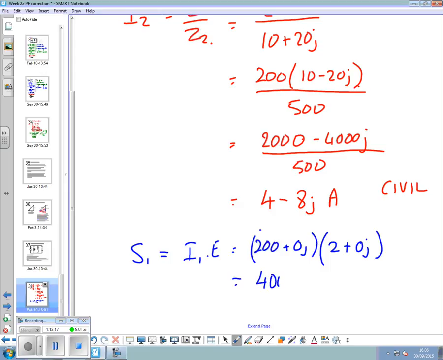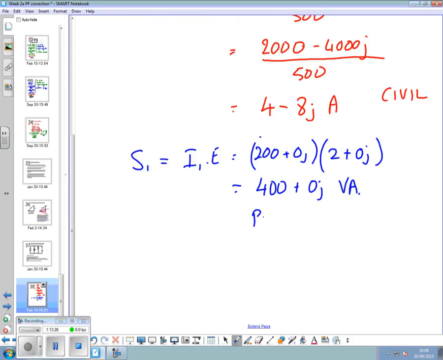And we got 400 plus 0J VA. Yep, for that, P is 400 watts, Q is 0 var. It's the resistive load, so we know that is true.